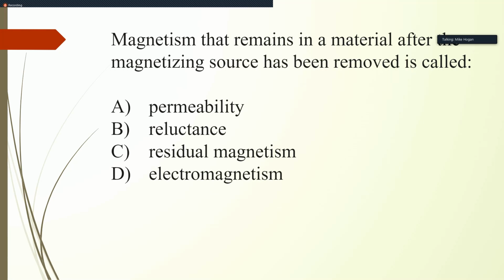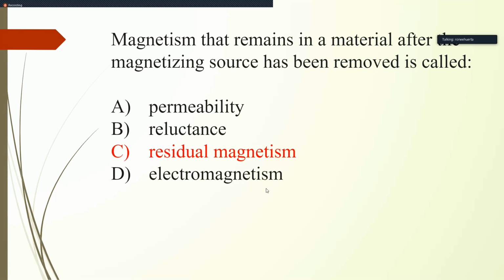Magnetism that remains in a material after the magnetized source has been removed is called a... D. And so the answer is C. Keep in mind, electromagnetism.